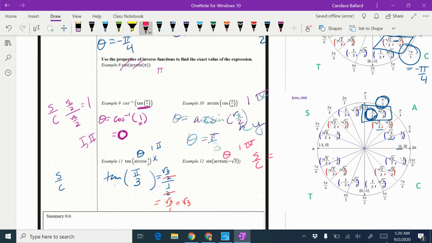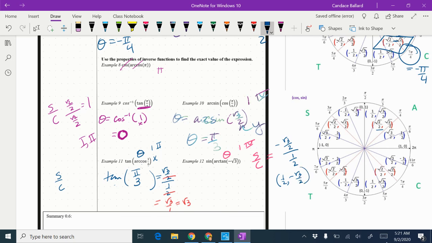We did this the other day, where all of the values have a square root of 3, a square root of 2, or a 1 in the top. So if I rewrote the square root of 3, I'd really get negative square root of 3 over 1. We also know they're all divided by 2, so I'm recreating the coordinates. I'm looking for the coordinate 1/2, negative square root of 3 over 2.